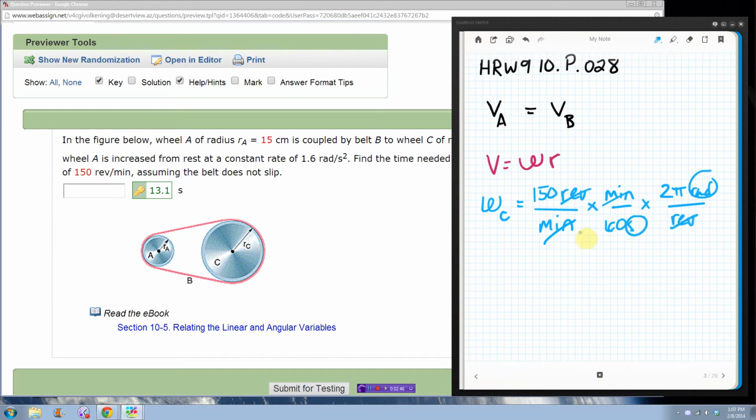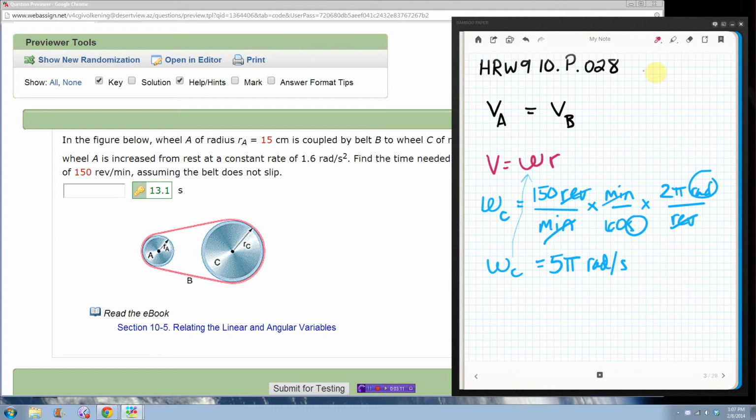I pop that in a calculator and I get that the angular velocity of C is 5 pi. Now I'm going to leave pi in there for now because I'm not done with this number, and I don't want rounding error later. So now I'm ready to put that in here.